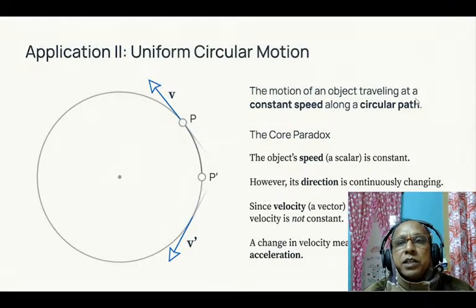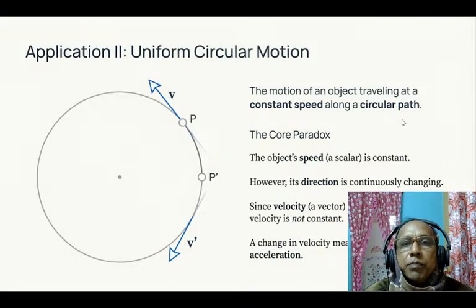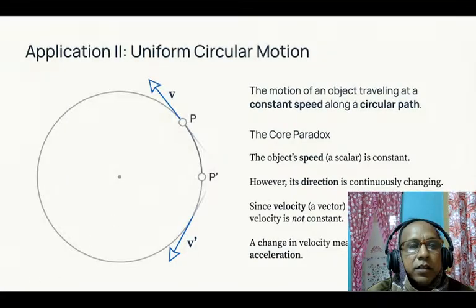The motion of an object traveling at a constant speed along a circular path. The object's speed, a scalar, is constant. However, its direction is continuously changing. Since velocity includes direction, the velocity is not constant. A change in velocity means there must be an acceleration, and whenever there is acceleration, there is a force.